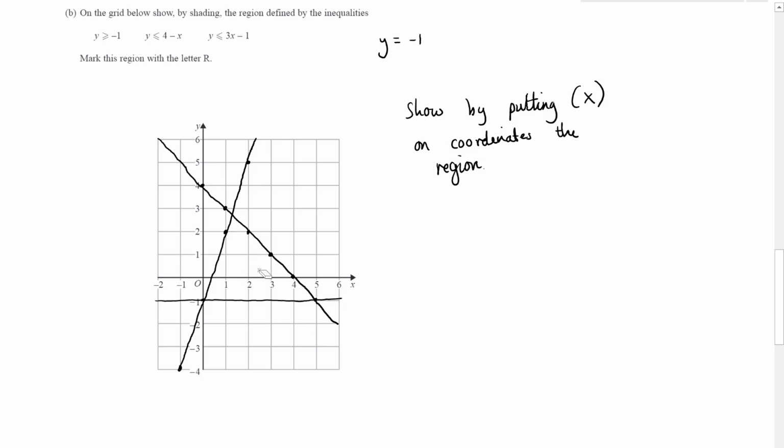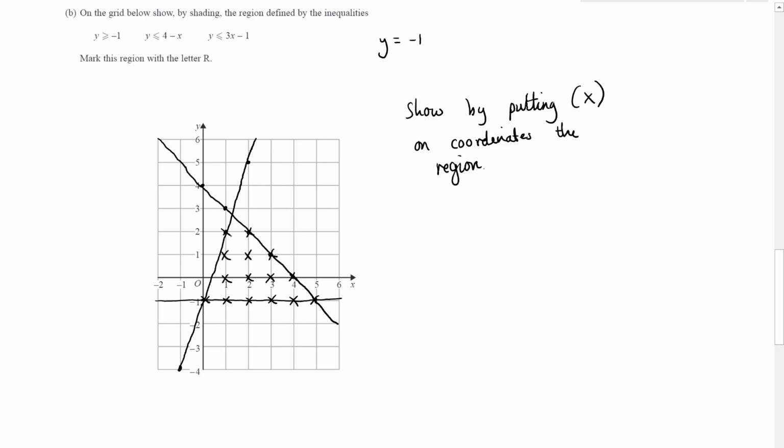Instead, we would have to, usually if we wanted things where there wasn't an equal sign, we just cross everything that was inside here, like this. But because now we've got things that can also be equal to this, we also have to cross all the coordinates that lie on these edge lines as well. So this would be the difference here if we were to have some question like this. Okay, we'd also cross this one as well.